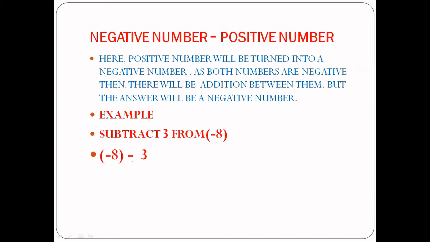Now this minus 3 will also be a negative number. So here negative 8, negative 3. As both the numbers are negative, there will be addition between them. 8 plus 3 is 11. But as both the numbers are negative, the answer will also be negative. So the answer will be negative 11.